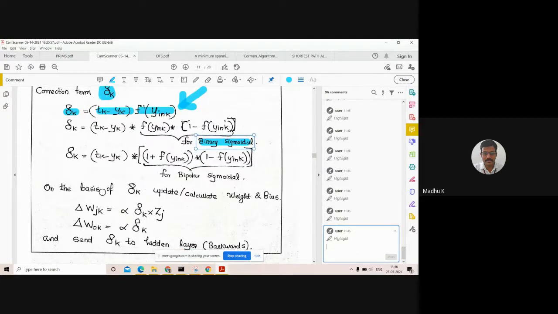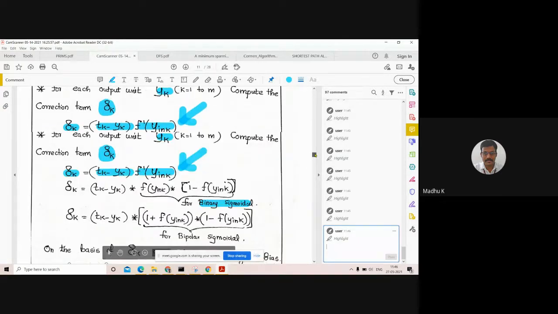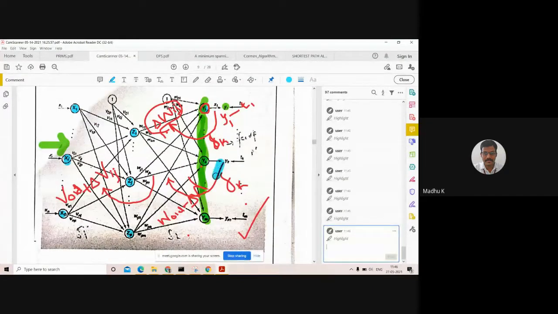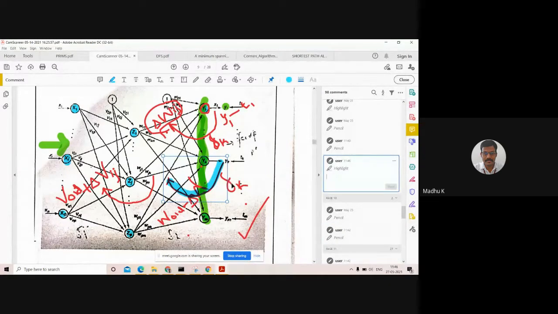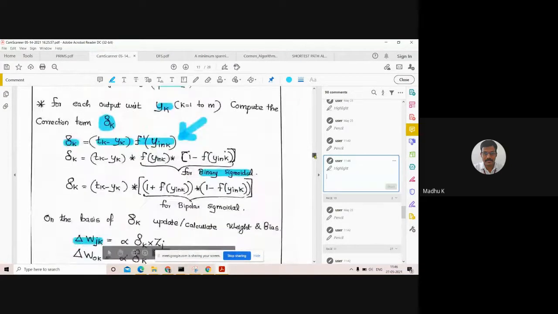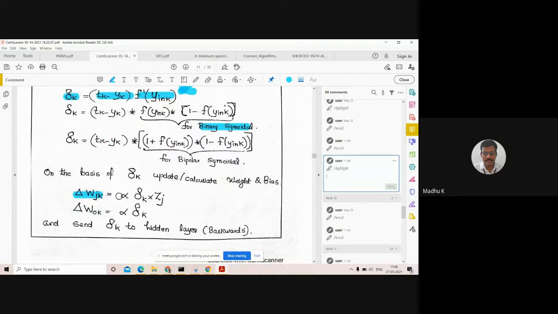On the basis of rho k, we will calculate the change in weight between the hidden layer and the output layer. Based on this layer's error rho k, delta wjk is equal to alpha into rho k into zj.